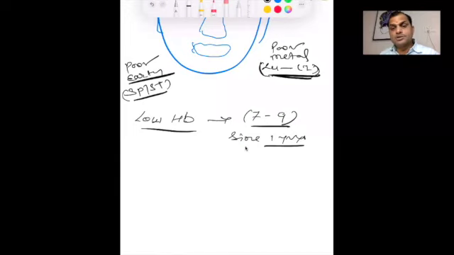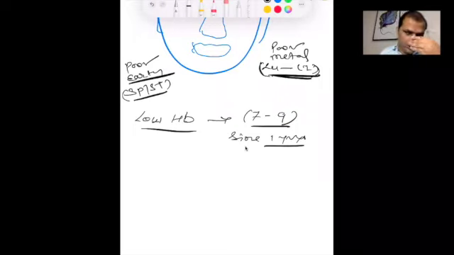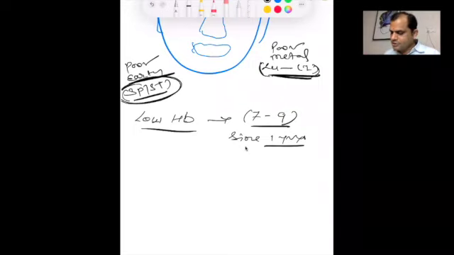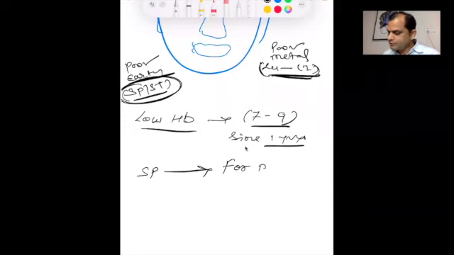Then I thought, in the 5 element theory, it is clearly given that spleen and stomach are responsible for digestion, and spleen is responsible for making blood.